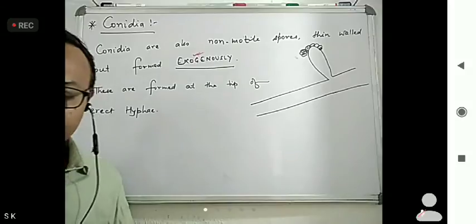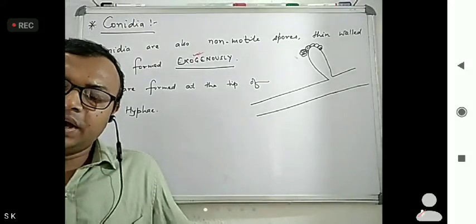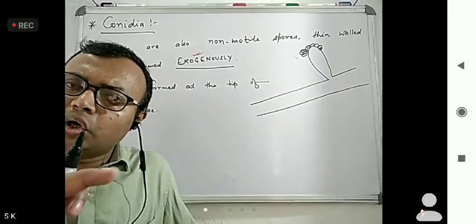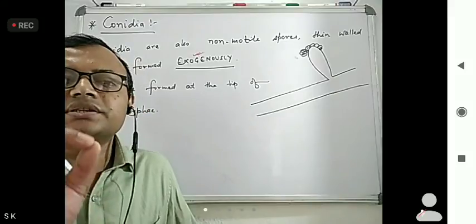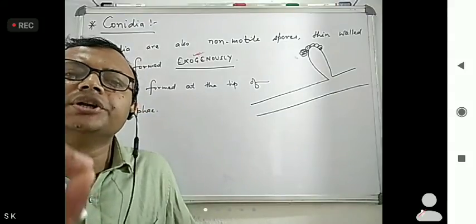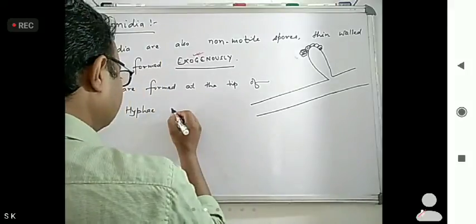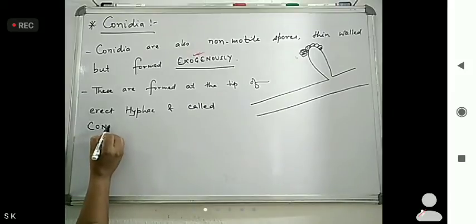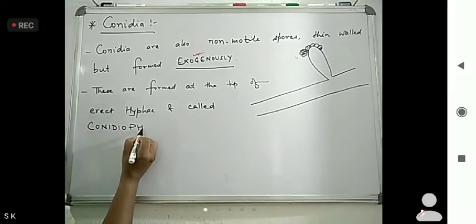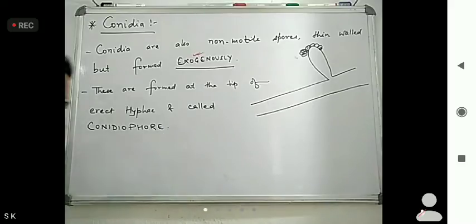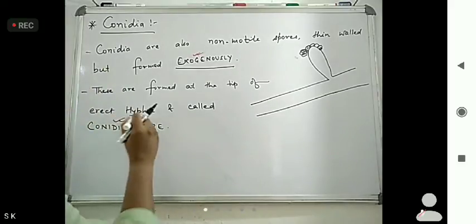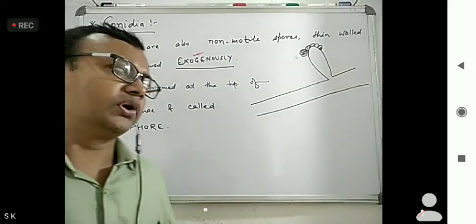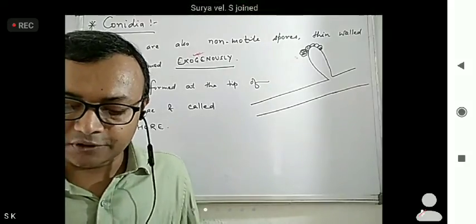The conidia forming on the erect hyphae sit on a specialized structure called the conidiophore. So they form on the conidiophore at the tip of the hyphae.